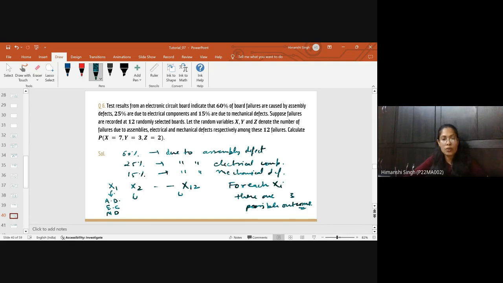Here x will count how many assembly defects there are, y will count how many electrical defects, and z will count how many mechanical defects. So we can model it using the trinomial distribution.